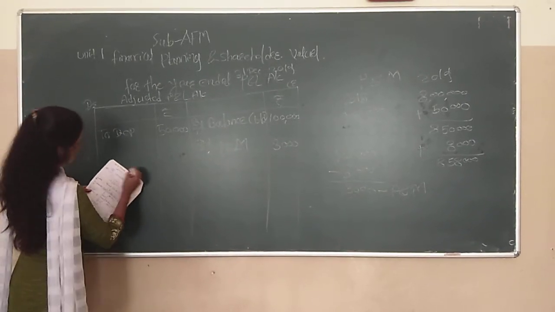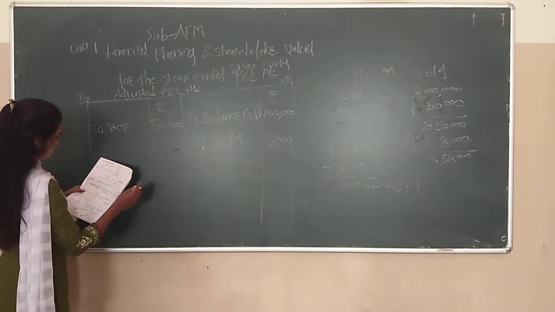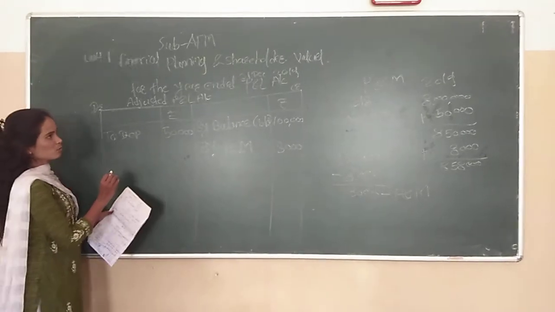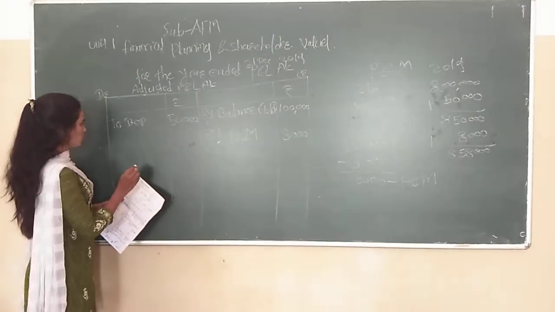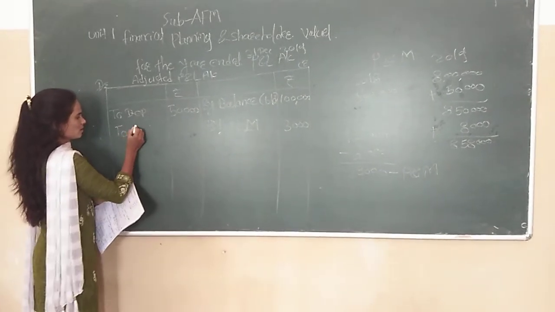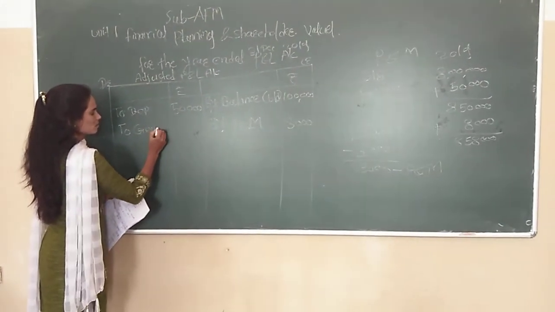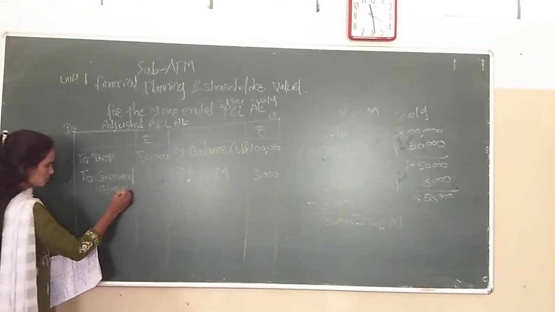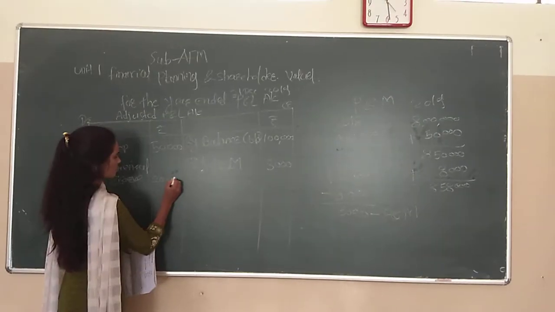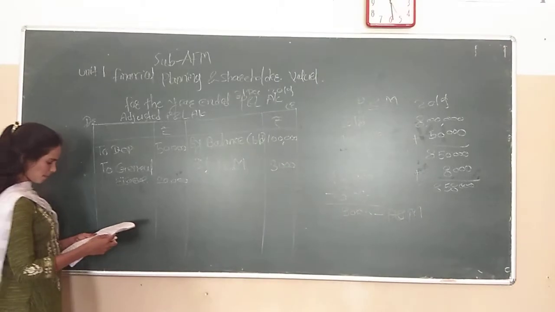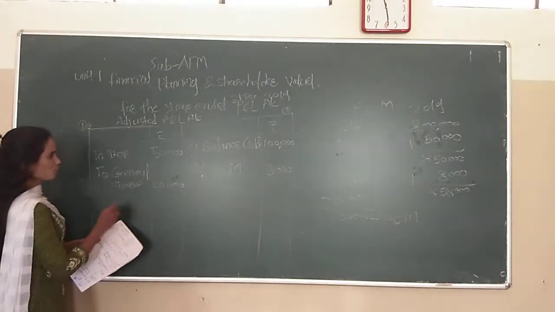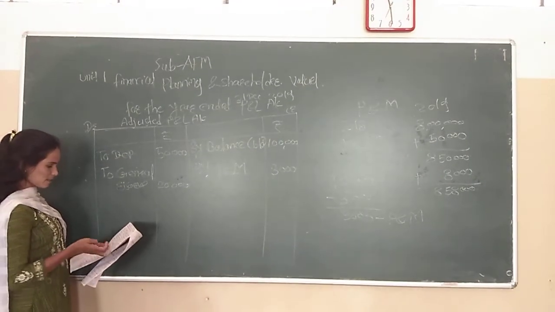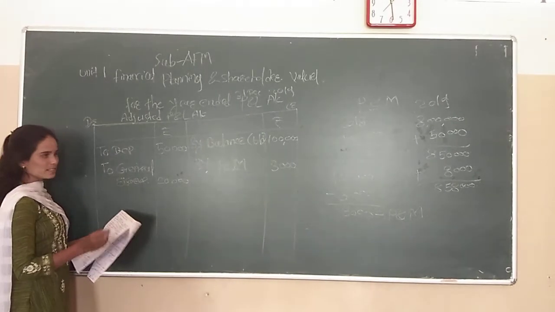To working, show the balance sheet 2018 and 2019. To general reserve 20,000. And next, to balance, meaning 2019. Show the balance sheet 2019, to balance, profit and loss account, to balance 1,60,000.